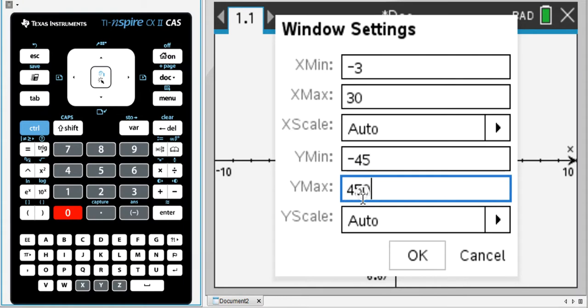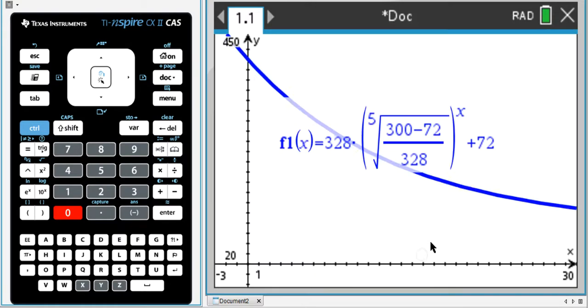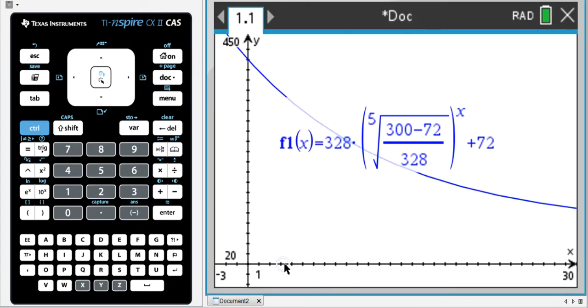So I'm going to let the maximum temperature be 450. 10% of 450 is 45, so I want to display 45 units below the x-axis along the y-axis. That 10% extra scaling allows me to see the x and y-axis.